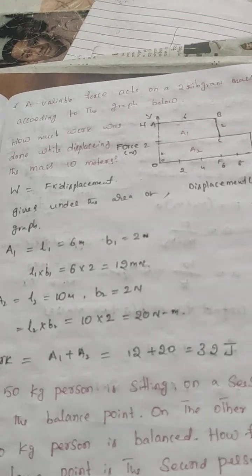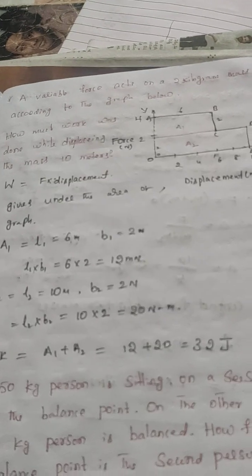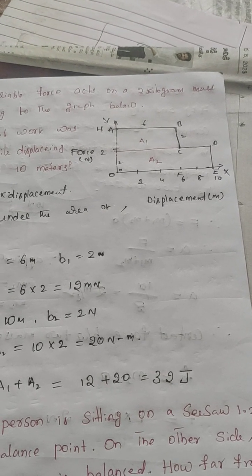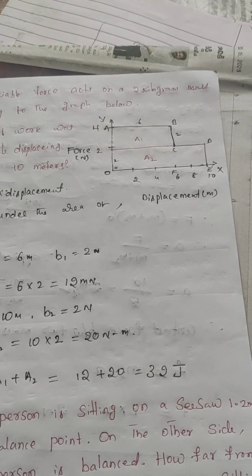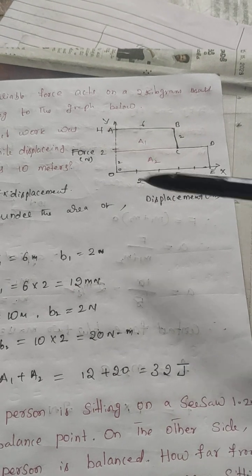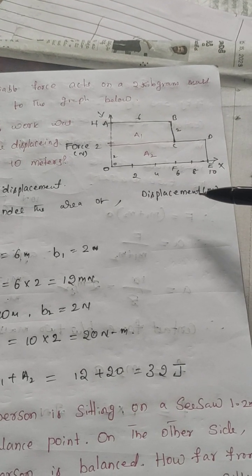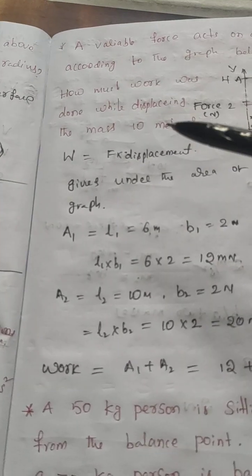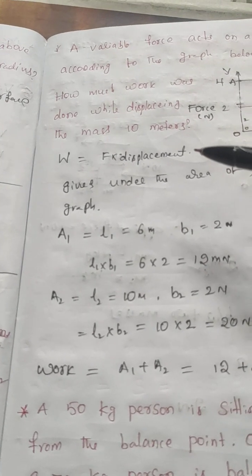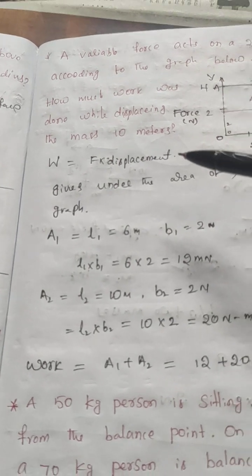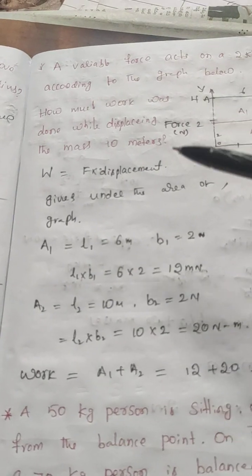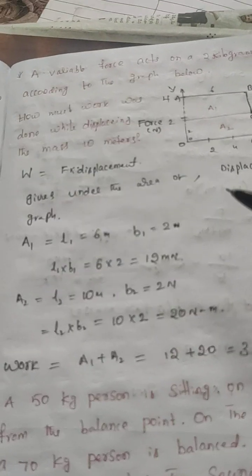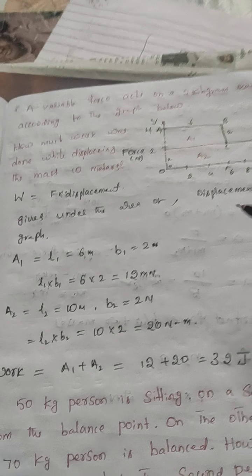Here, whenever they give a graph, the area under the graph gives the product of force and displacement. That means here work is equal to force into displacement. This is equal to the area under the displacement and force graph.